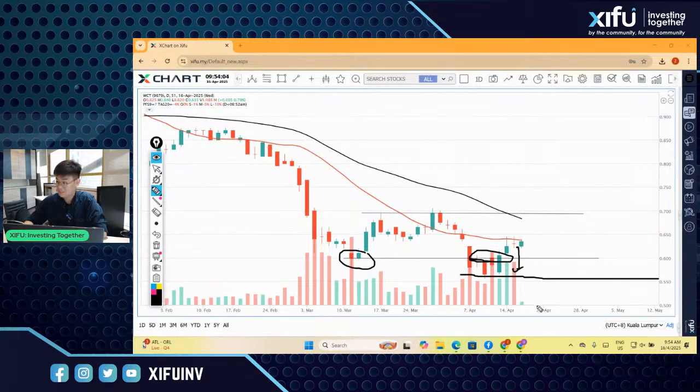From here to here, I think it's easily 10%, something that you have to consider also. So let's see whether they can cross the gap or not. Probably you can ask me again in the Telegram later on.